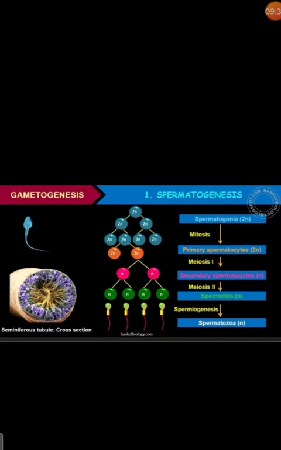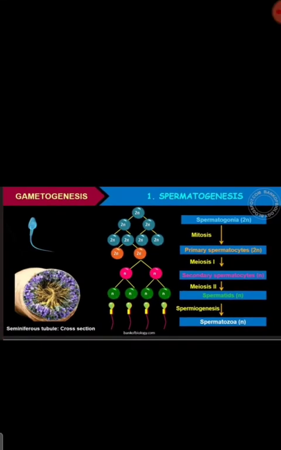So this is how, while studying the genetics concept in detail, we will study about mitosis and meiosis, and you just have to know what we mean by n, what we mean by diploid, and what we mean by haploid. So the spermatogonia, which is 2n in number, will undergo mitosis to produce primary spermatocytes, and meiosis 1 will take place to produce secondary spermatocytes, which will be n in number.